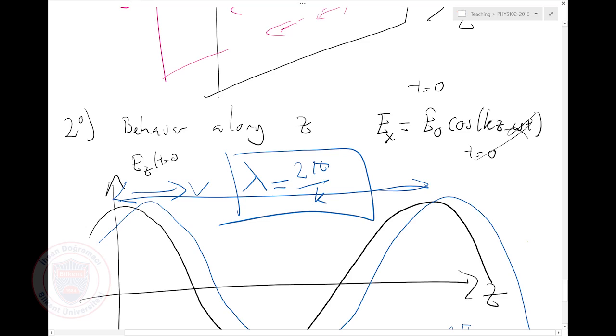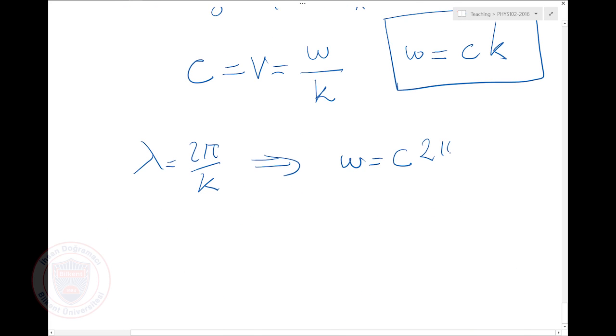So the distance between two peaks, which I am going to call the wavelength, must be 2 pi divided by K. In other words, lambda is 2 pi divided by K. In other words, omega is C times 2 pi over lambda.